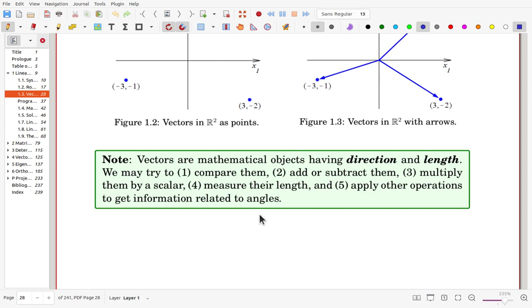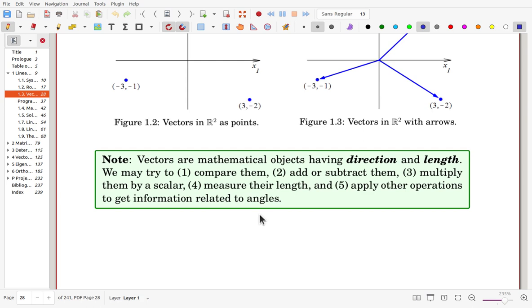These are all mathematical objects, and you applied the 4 basic operations: addition, subtraction, multiplication, and division. Vectors are mathematical objects, so we may try to apply those operations, but we have to apply them meaningfully.